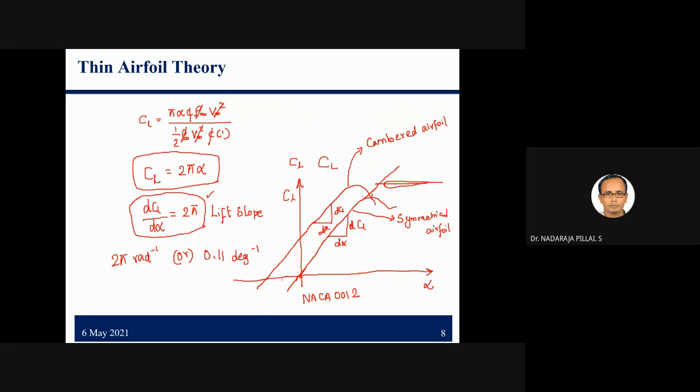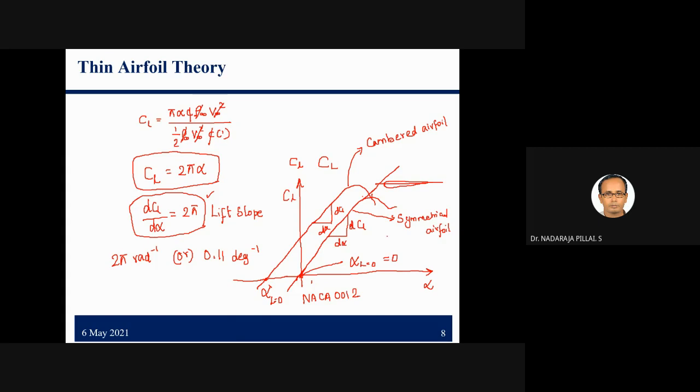But the only difference is at the alpha, say alpha here L equal to 0. So alpha at L equal to 0 is not 0 in the case of cambered airfoil, but the alpha at L equal to 0 is equal to 0 in the case of symmetrical airfoil, right?